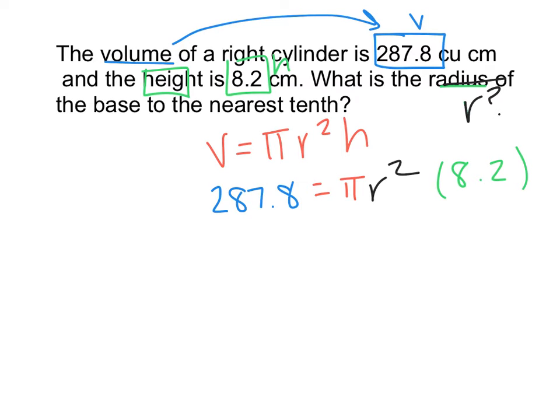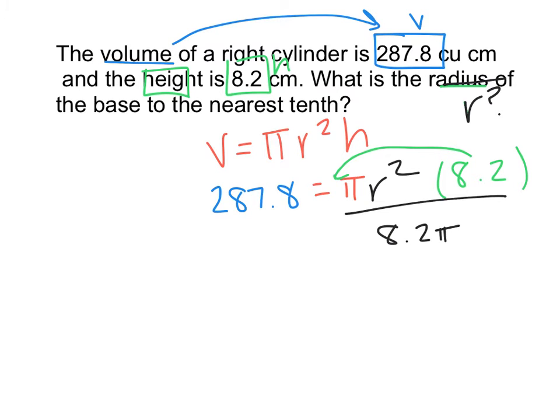So this is really 287.8 equals pi times r squared times 8.2. Our first step is to divide both sides by 8.2 pi. Even though the 8.2 and the pi aren't attached to each other, they really are, because it's multiplication. So I'm going to divide both sides by 8.2 pi.